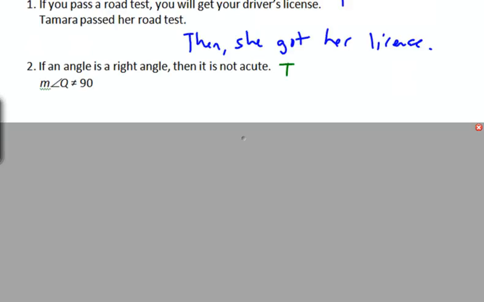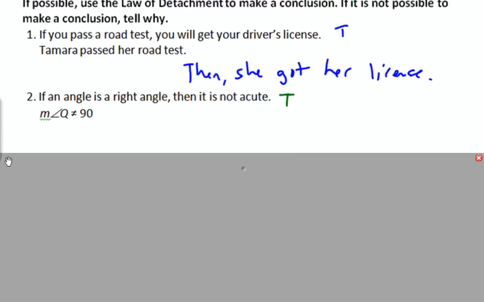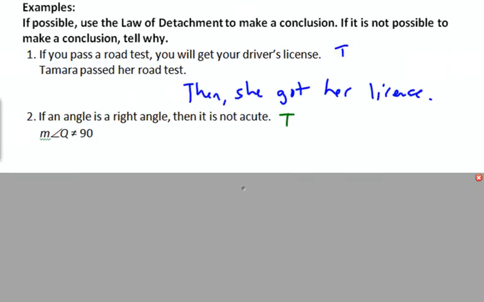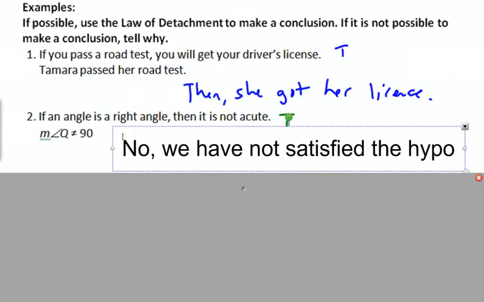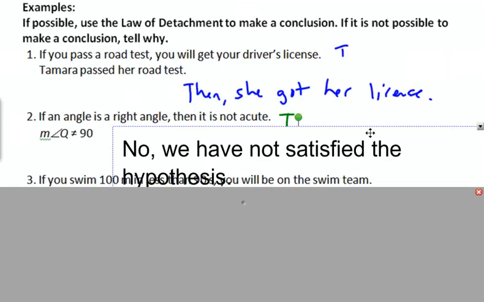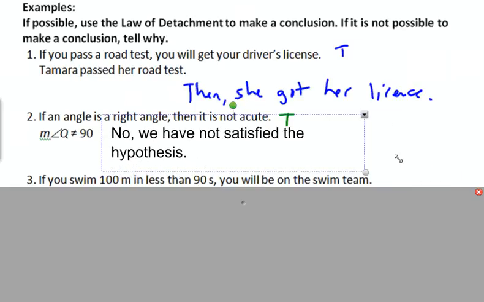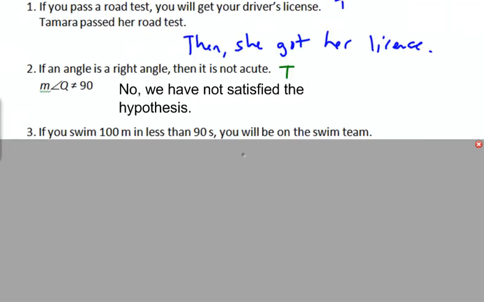We can't actually assume that that's the conclusion. We have not satisfied the first part of that conditional, which is the hypothesis. We know that the conditional is true, but we do not know that we have an angle yet that's a right angle.